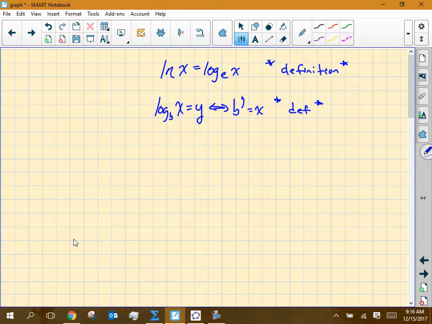So we change it to log base e and just deal with that. Really, there tends to be a lot of confusion with people when we see ln. But it means the exact same thing we've been doing with log base 10, log base 2, log base 5, doesn't matter. E is just some number, right? 2.718, whatever. So I like to use that definition.